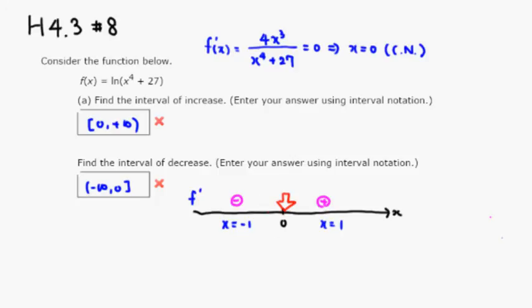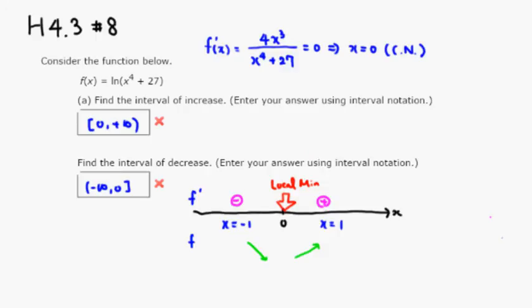If you visualize the original function, it is decreasing before 0 and increasing after 0, which makes this a local minimum. Then there's no local max, only a local minimum.